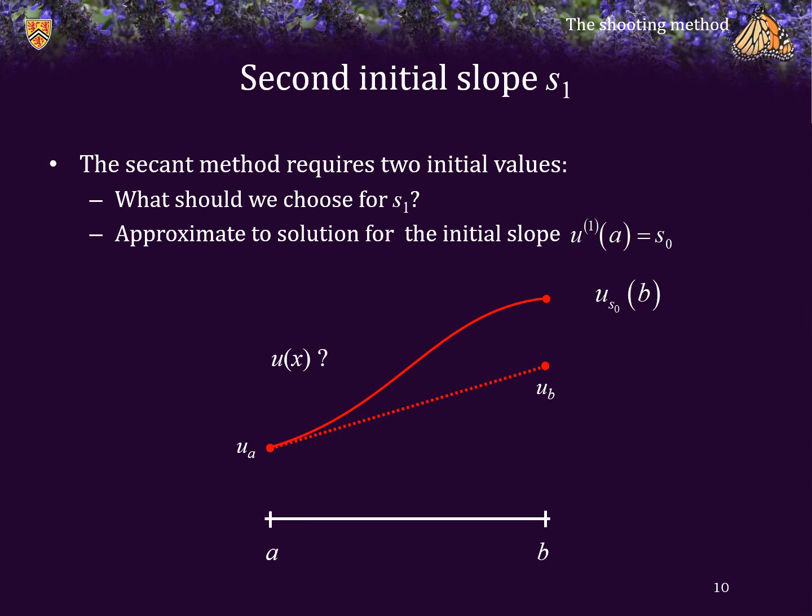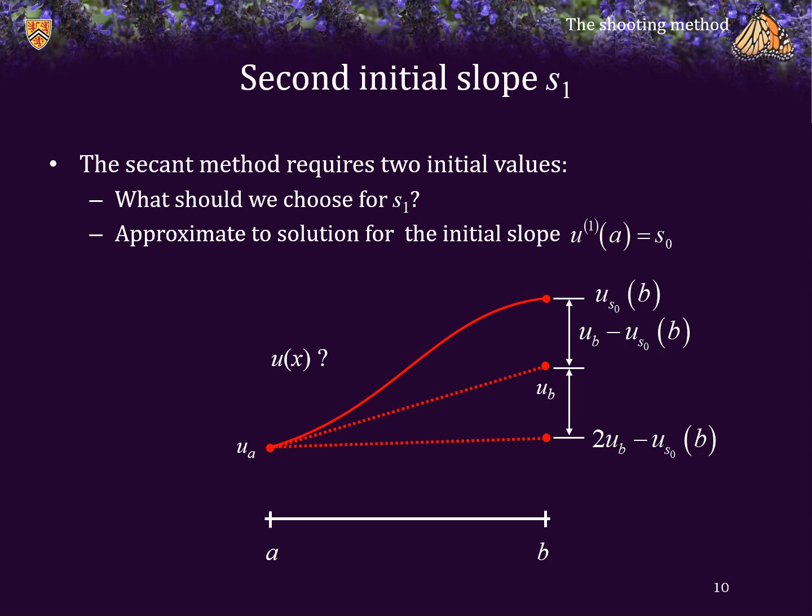It will be some other value. However, we're either going to overshoot or undershoot u sub b. Well, in this case, I'm giving an example where we have overshot. Well, in that case, why don't we aim for a point that far below the initial value?